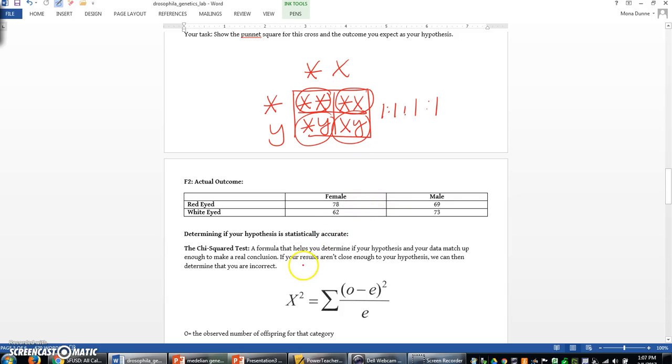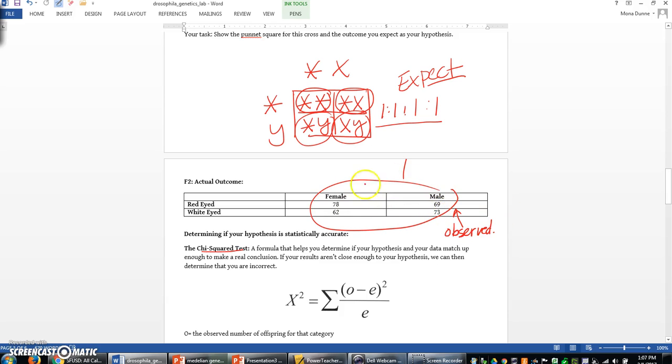So whenever scientists think they have figured out what the mode of inheritance is, they always want to do a chi-squared test just to be sure that this data is close enough to our expected data, okay? So we expect that we would get equal numbers of all of these. This is our actual numbers. These are our observed numbers, okay?